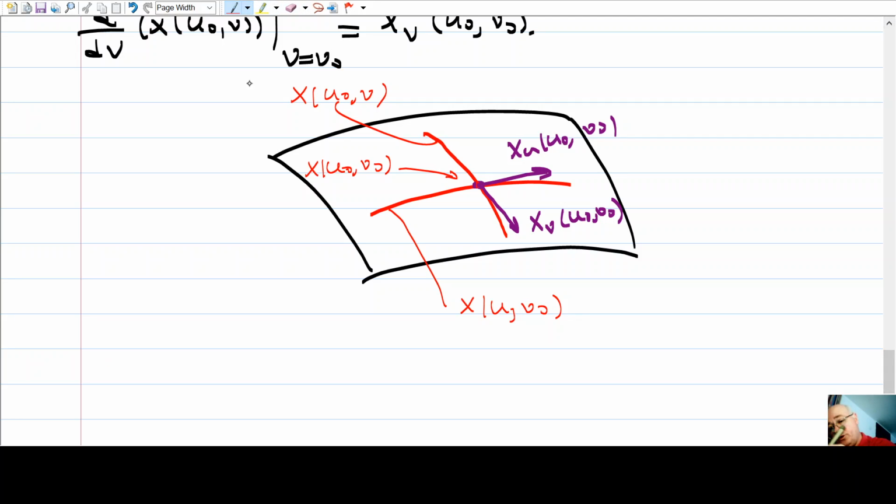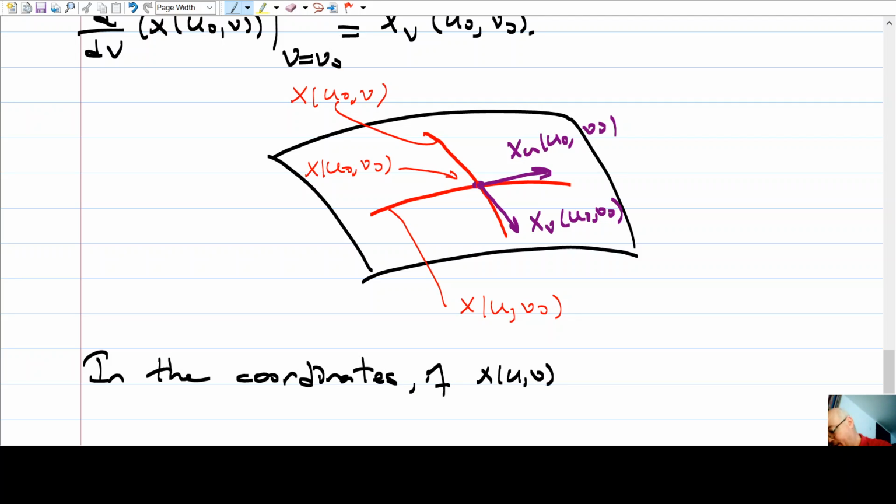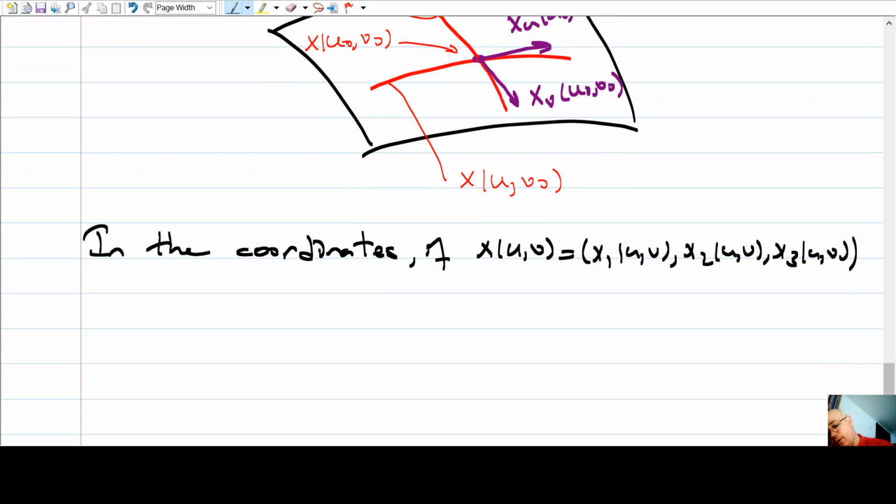If x of u v can be written like this, x1 of u v, x2 of u v and x3 of u v, so these are the xyz coordinates of the coordinate patch x, then of course what is the velocity vector x sub u?